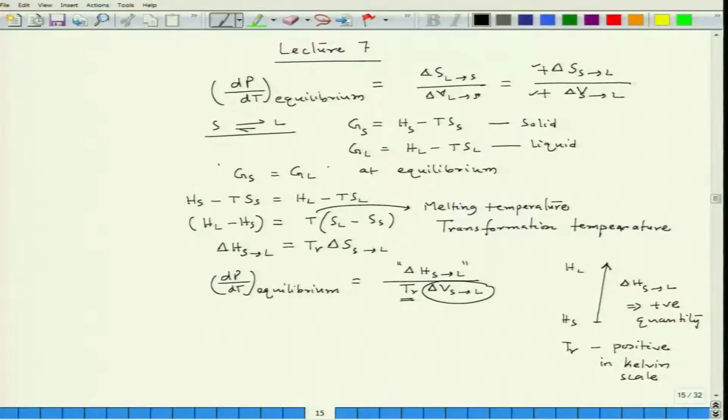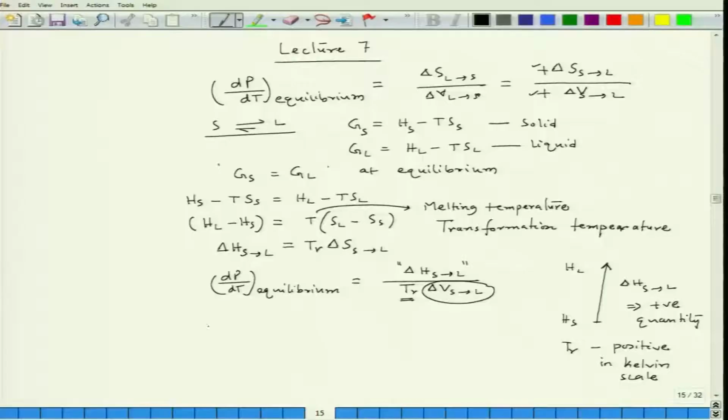Now, in some cases, when the transformation is taking place from solid to liquid, the change of volume could be negative, or the change of volume could be positive. Both have a different consequence.